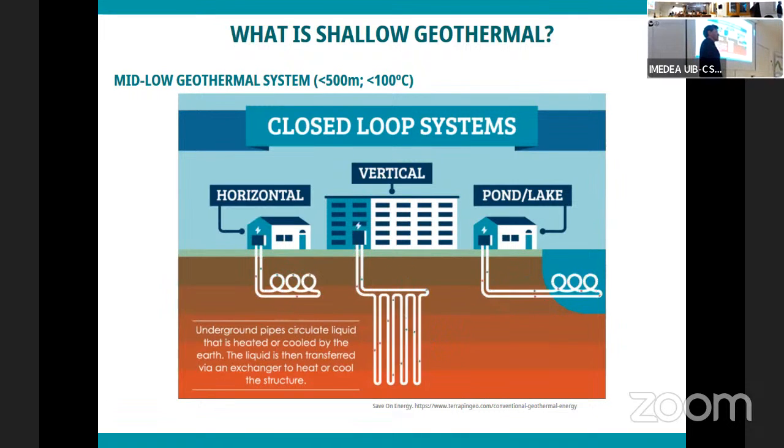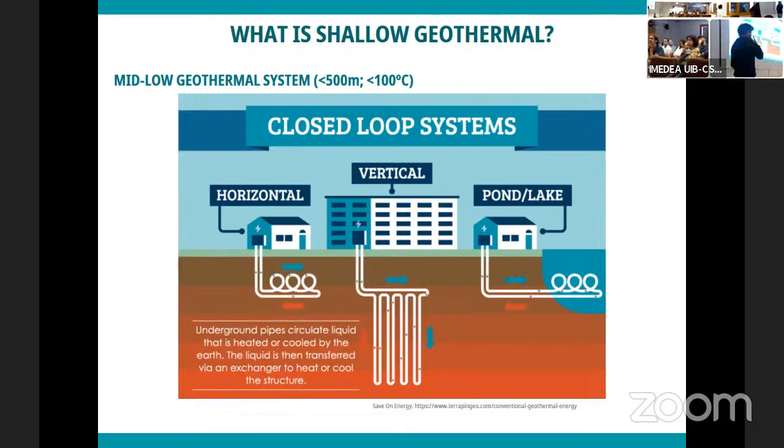So you are reducing the cost a lot, because one of the main costs in these kinds of projects is the drilling. You have to go fairly deep. 125 meters is the standard in the state, but sometimes you require more depth.